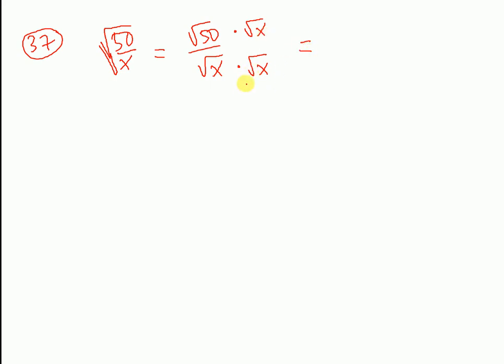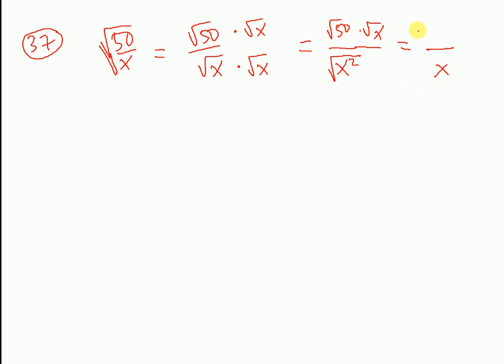Now the two radicals, when I multiply, give me back just one of these, right? Or you can think of x times x as x squared, and the same thing here is radical 50 times radical x, and because the square and radical cancel, only x goes to the outside.